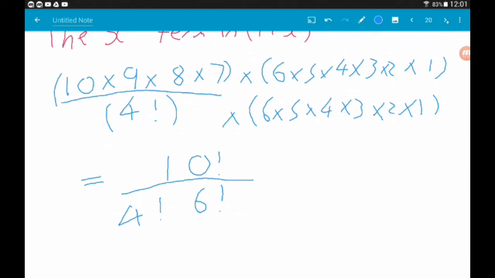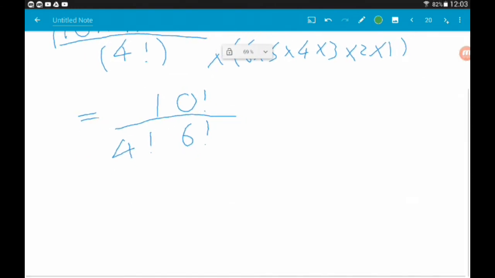Now we can generalize this for n's and r's. So remember, n is our power, r is the power of a certain term that we are looking at the coefficient of. So let's take a look at generalizing this. Okay then, so here n was 10, that was the power of the whole expansion, and we were looking at the x to the power 4 coefficient, so that means r was 4.